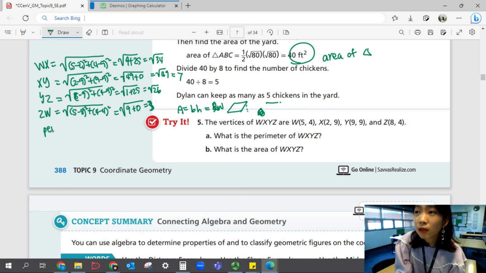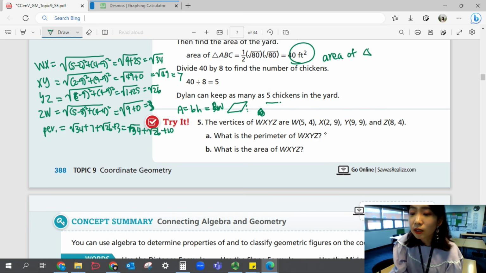So perimeter is equal to square root 34 plus 7 plus square root 26 plus 3, which is equal to square root 34 plus square root 26 plus 10. And you can't simplify any further, so you can just write that down, okay? Square root 26 plus square root 34 plus 10. All right, what is the area of WXYZ?